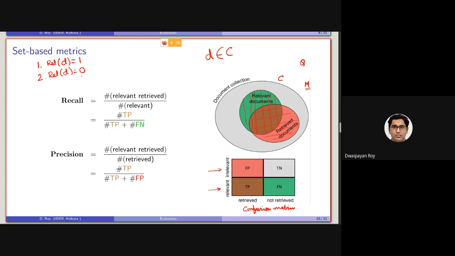And another thing is from the perspective of retrieval. So this is from the perspective of relevance.